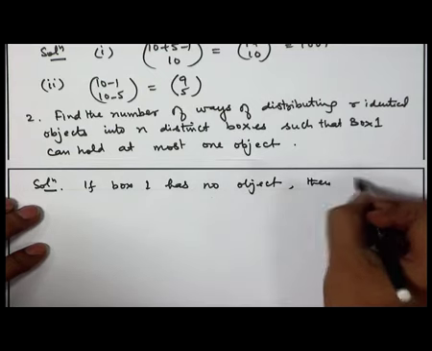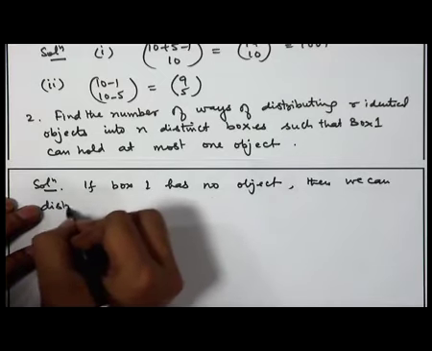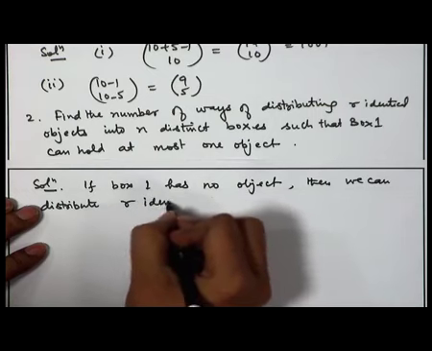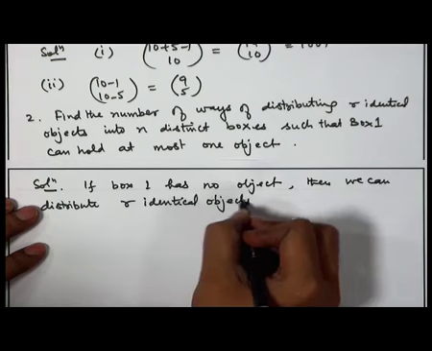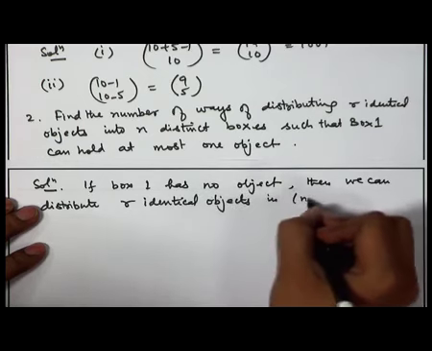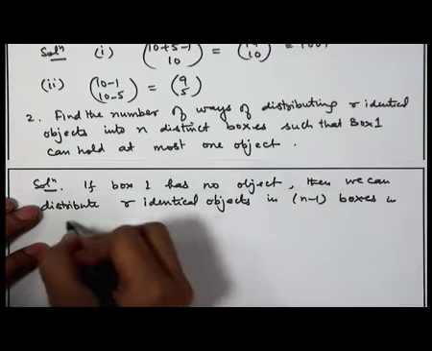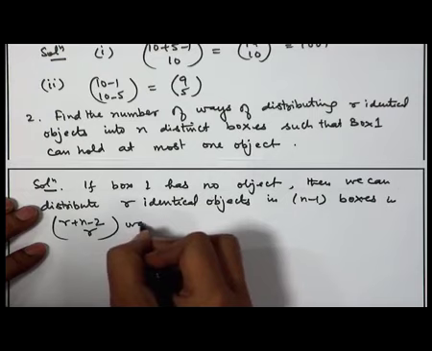Then we can distribute r identical objects in n-1 boxes in (r+n-2) C r ways.